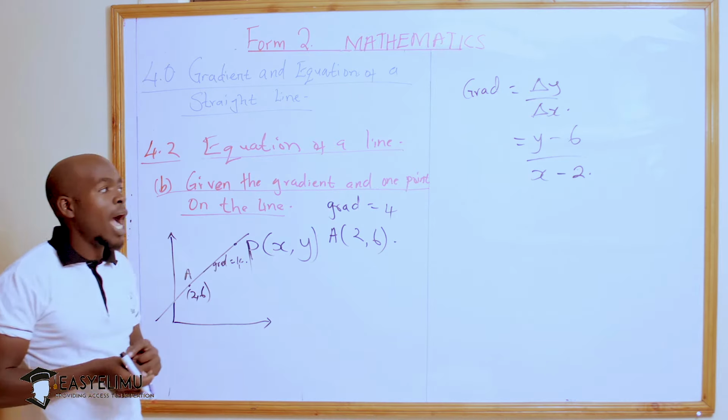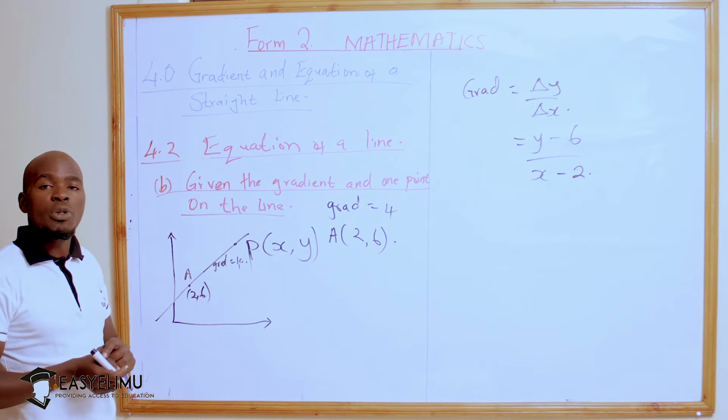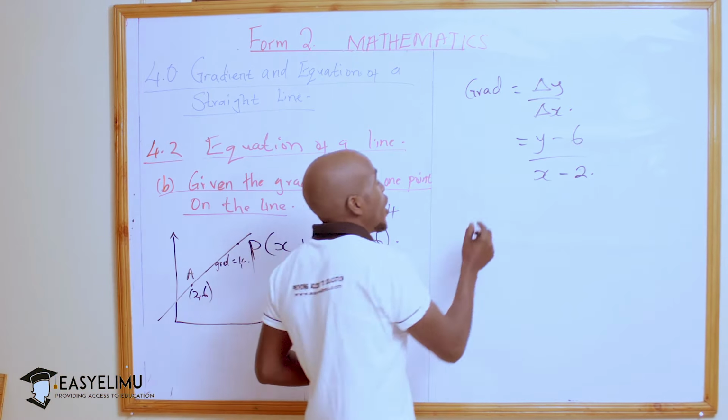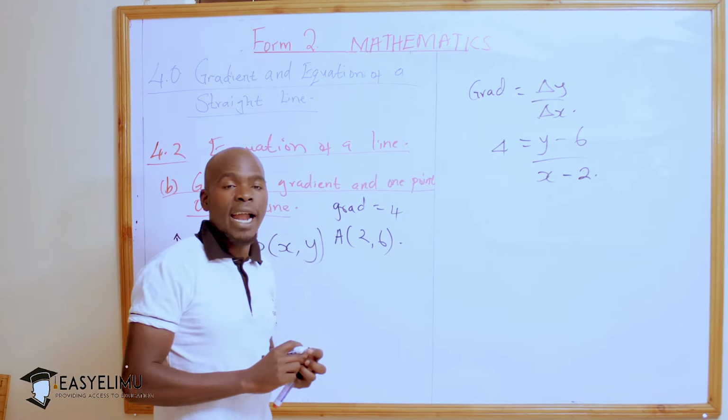But remember, I have been told that if I do that, I am going to get my value as 4. That is the gradient.